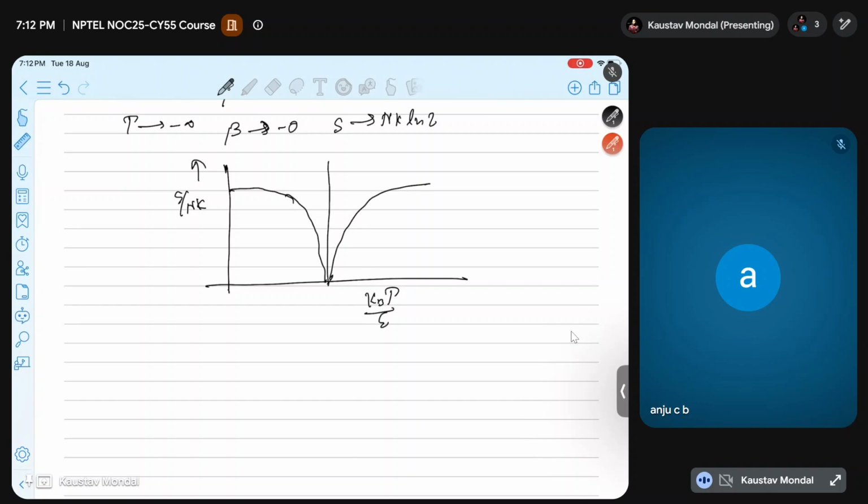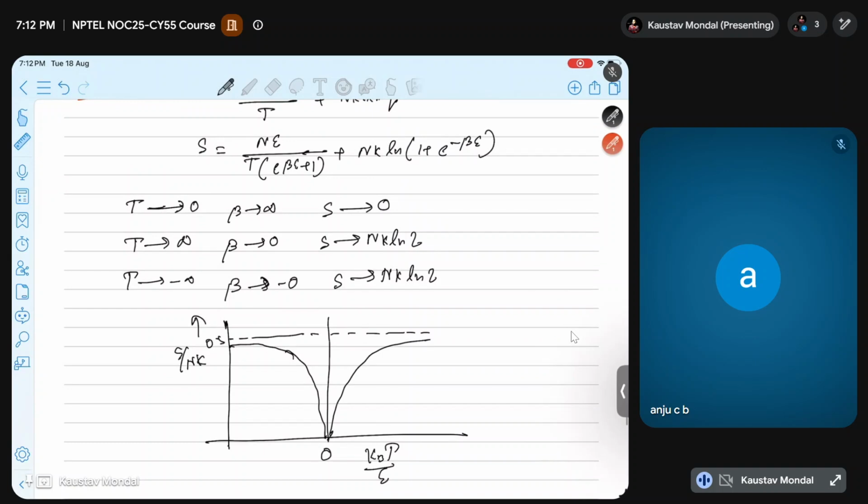As you can see, this is the 0, and this is the 0.5 mark, where the entropy is trying to approach for the case of positive and negative infinity.